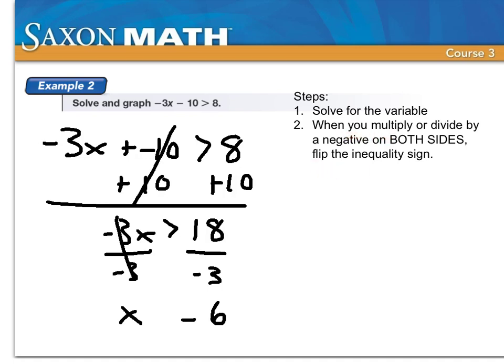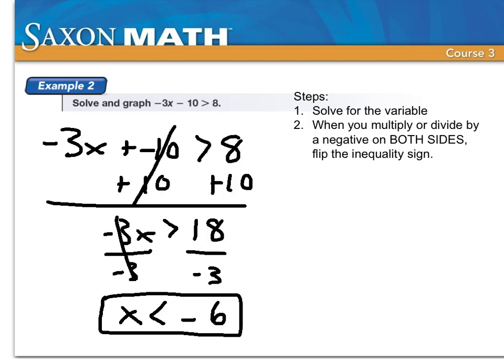It says when you multiply or divide by a negative on both sides, you have to flip the inequality sign. Okay, so look at here. When I showed my work, I divided both sides by -3. There's a -3 over here and a -3 over here. That means this sign has to flip around. And we get x is less than -6.